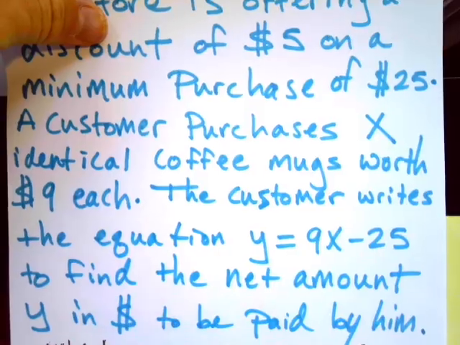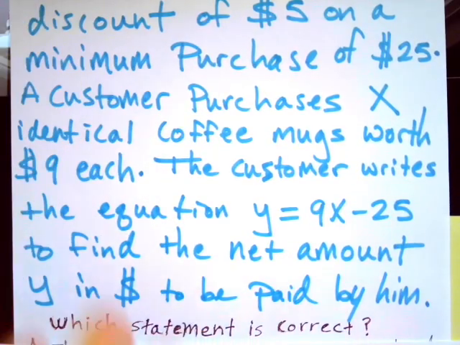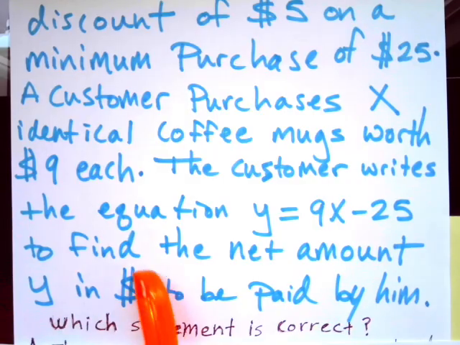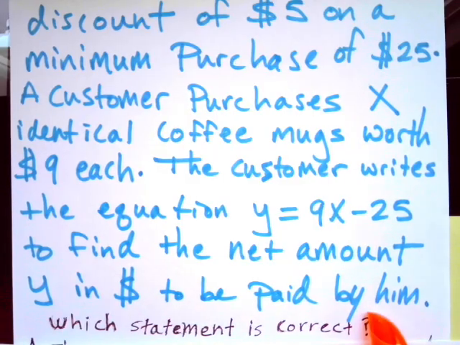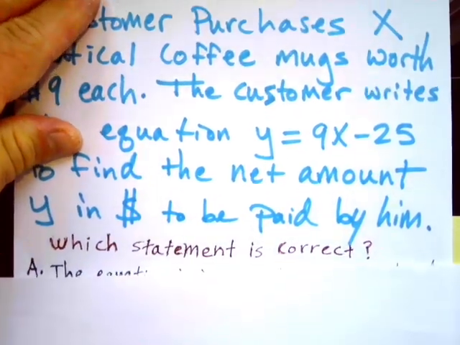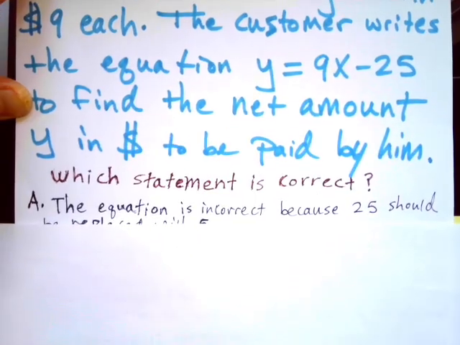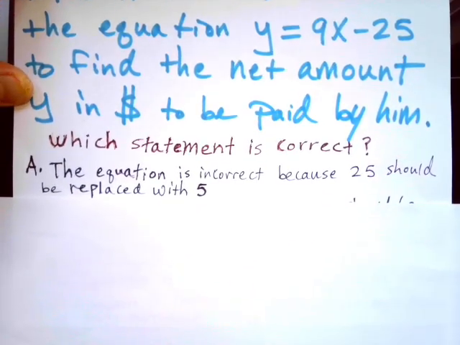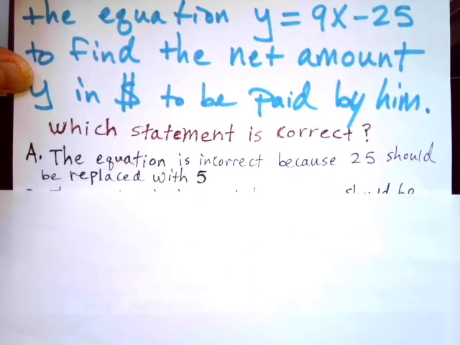Find the net amount given in y for the money to be paid by him, being the customer. Okay, which statement is correct? So I'm going to go over these options, and then I'm going to reread the question to try to figure out what we're going to do.